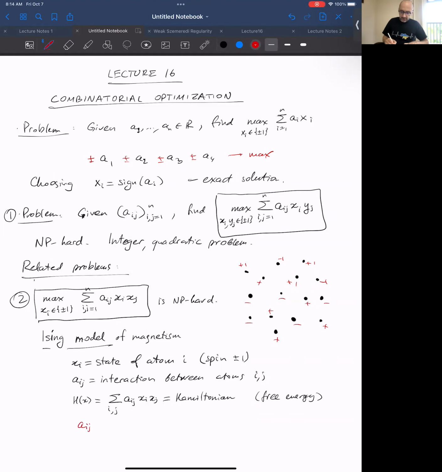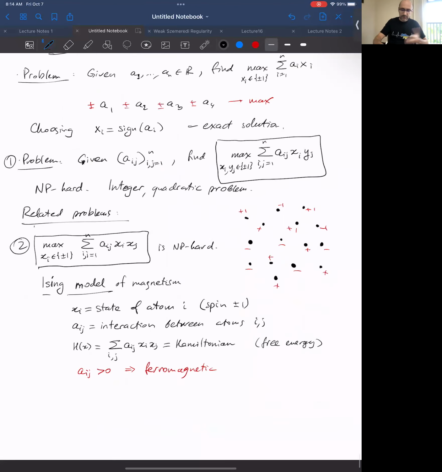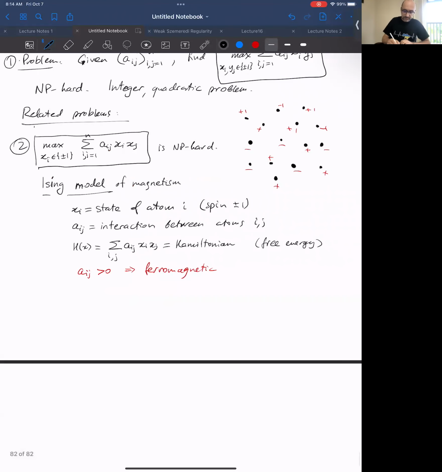For example, if aij is greater than 0, this corresponds to a ferromagnetic state, ferromagnetic materials, where the atoms want to have the same spin. So that's the Hamiltonian of a ferromagnetic system, or in general a disordered system.